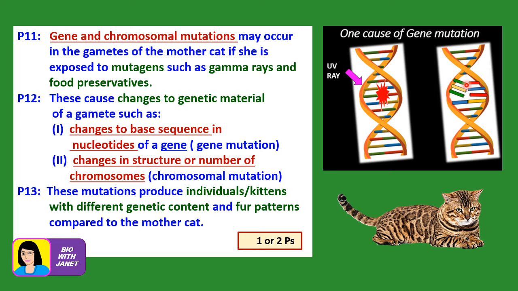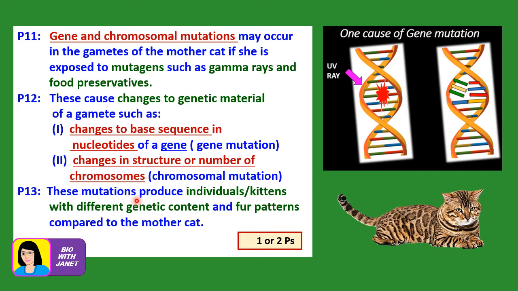Or maybe a base could be inserted, added into the sequence of the bases. If these things happen, then the genetic code of the gene is changed. The code to produce the proteins is changed, and then it will cause a change in the phenotype or in the trait of the kitten, in the fur pattern of the kitten. So this is one cause of gene mutation.